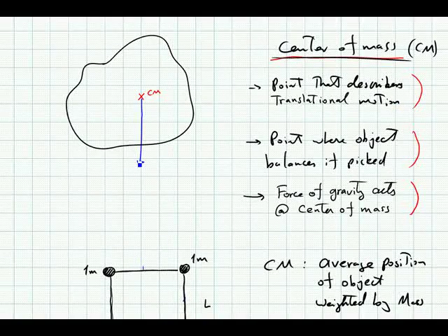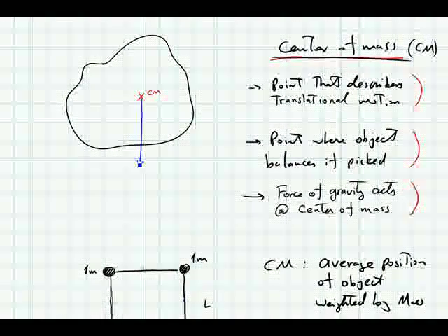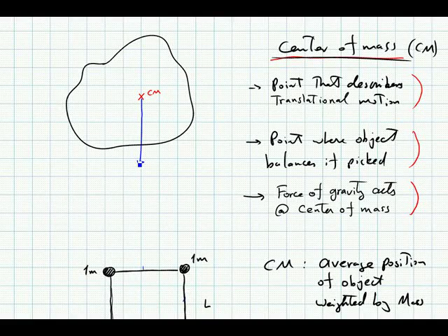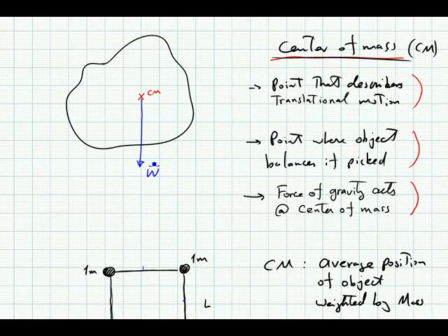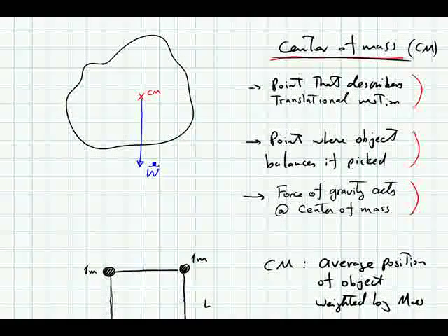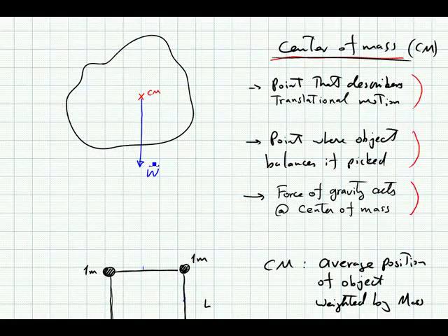Now we know that the force of gravity acts all over the object, but for mathematical purposes you can actually show that it seems as if all the force due to gravity acts at a single point, which is the center of mass of the object.